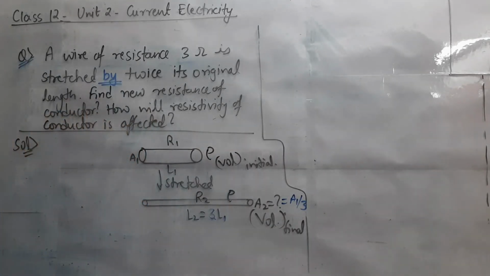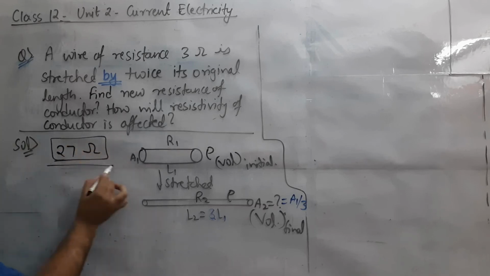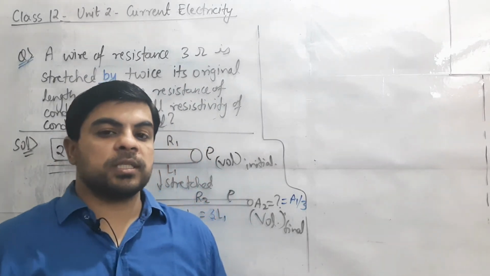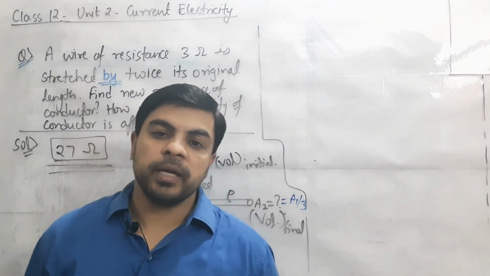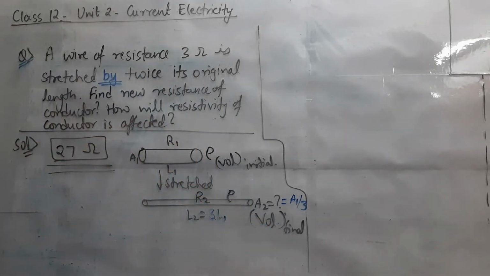So the answer for this question you will do by yourself, and it should be 27 ohm. You can try it on your own, and let me know whether you have solved this or not by commenting in the comment section. So you can note down this question also.